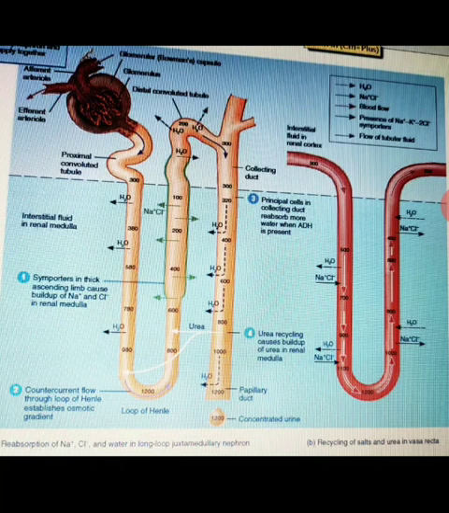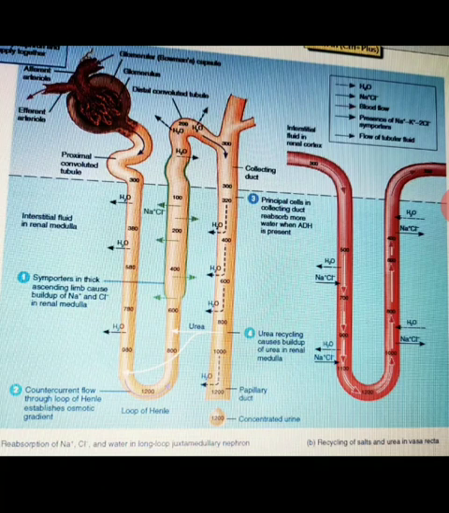As you have already learned, the ascending limb of the loop of Henle is impermeable to water, but its symporter reabsorbs sodium and chloride ions from the tubular fluid into the interstitial fluid of the renal medulla. So, the osmolarity of tubular fluid progressively decreases as it flows through the ascending limb.